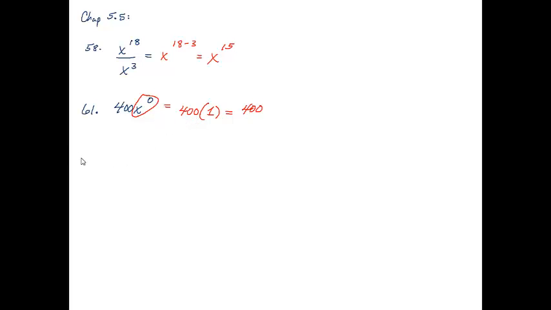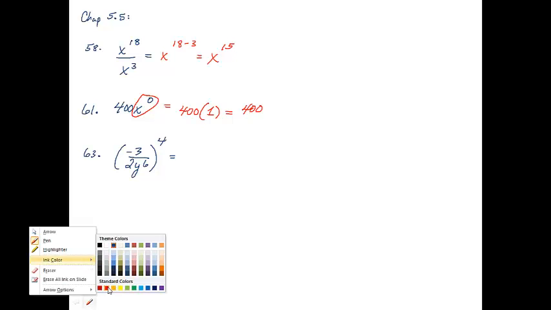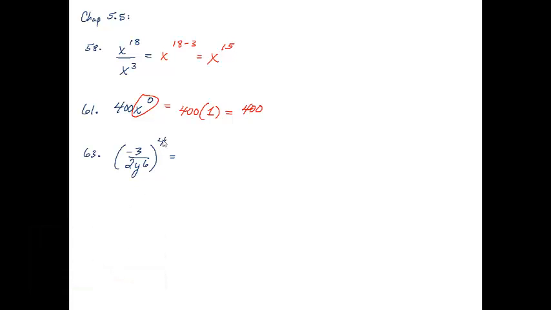Let's look at number 63. It says, parentheses, negative 3 divided by 2y to the 6th power, all raised to the 4th power. Okay? So again, let us recall, who's being raised to the 4th power?